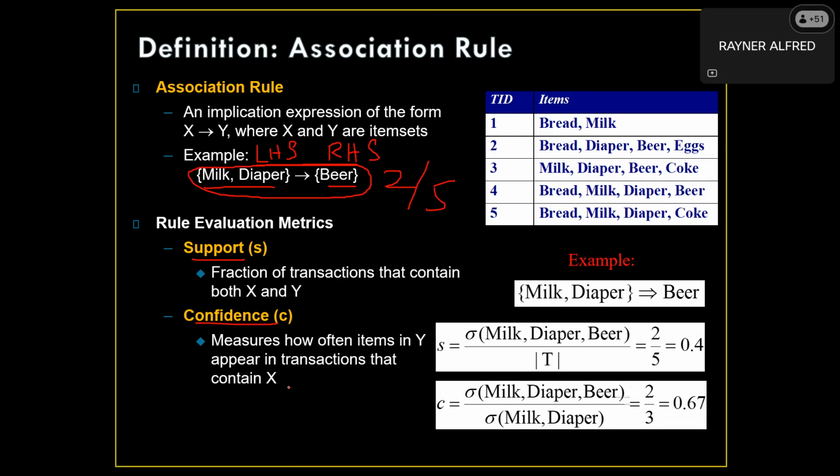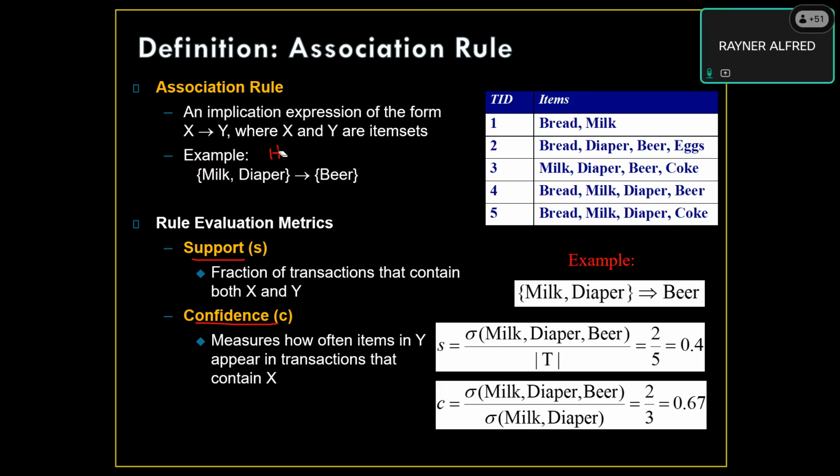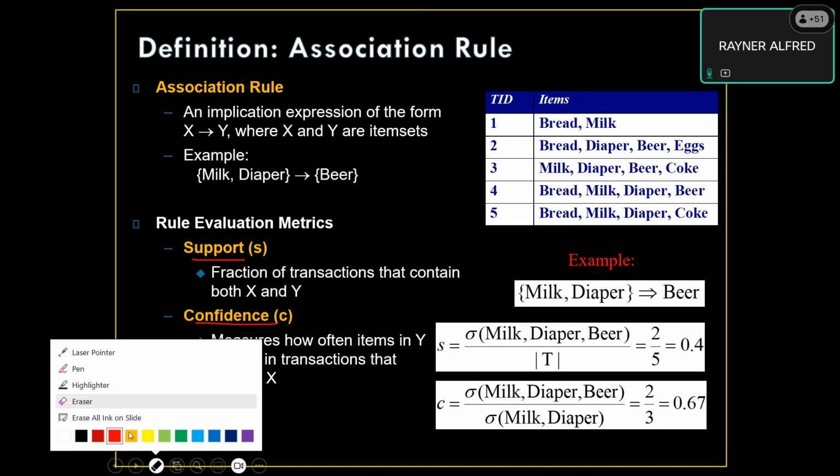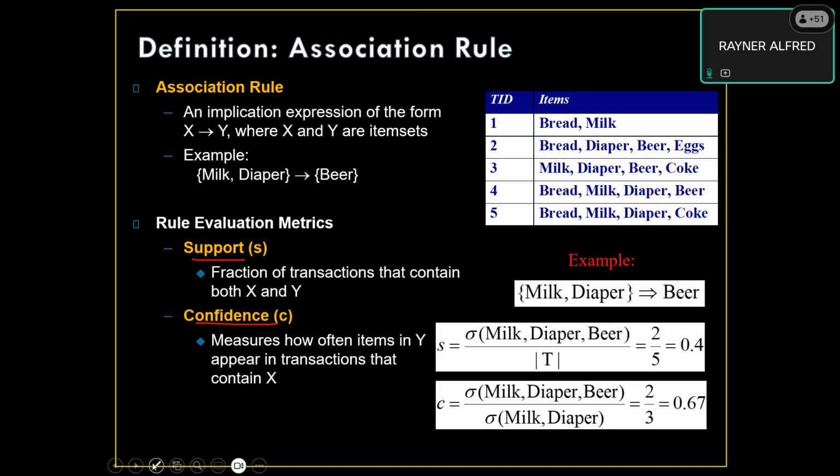When we look at this example here, for the support we just take 2 over 5, because this is the number of transactions, 5, and this is the support count of this item set, which is 2.